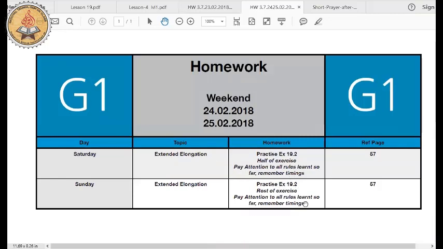On Sunday, practice the rest of the exercise which is left, and please be mindful of all the rules you have learned. See clearly and carefully which letter it is, which stroke it is carrying, how much time you are going to give that stroke, and which sound you are going to produce. Lots of students need practice on the tashdid, the shadda, and the nasal sound as well.